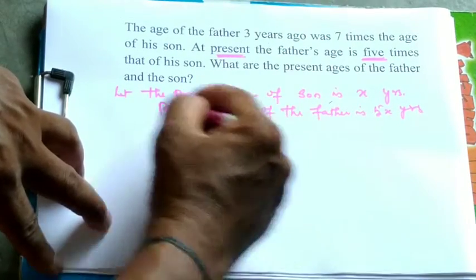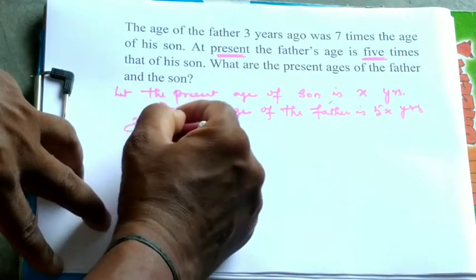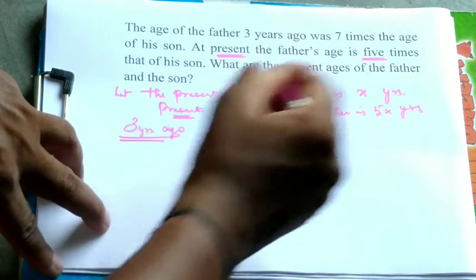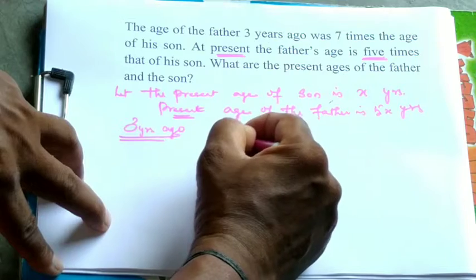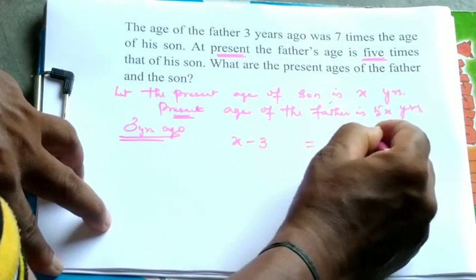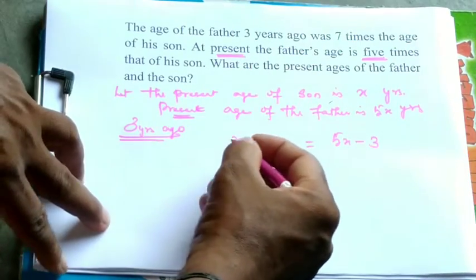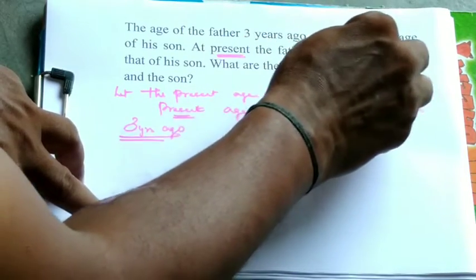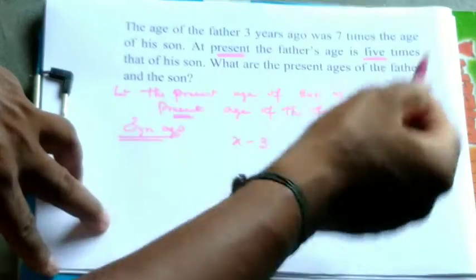Now 3 years ago means, according to this word, the son was x minus 3 and the father 5x minus 3. Now 3 years ago the father was 7 times the age of his son.